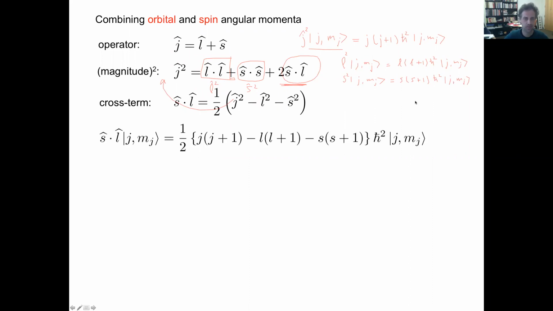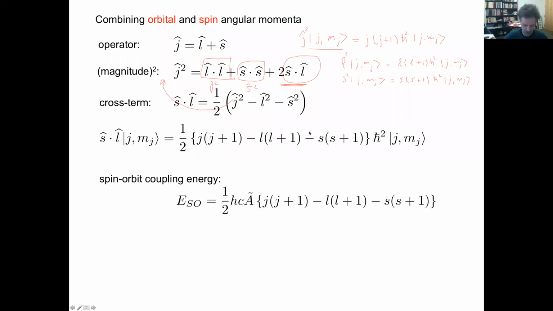I'm going to use that fact in the next line of my derivation. So I'm going to operate on this eigenstate of J, and when the first part of this expression, J squared, operates on that state, I'm generating J plus 1 h bar squared. That's this one.